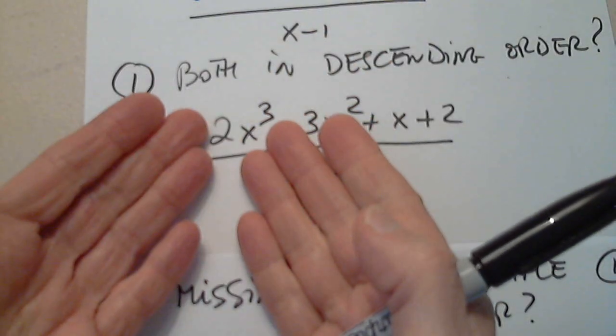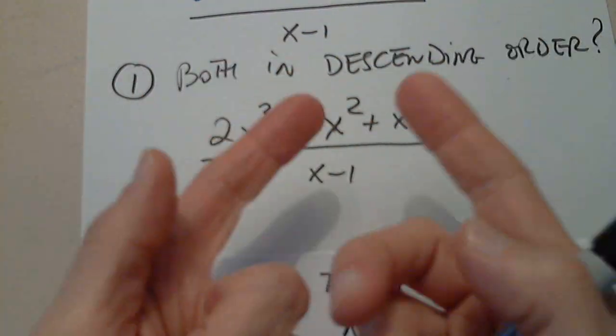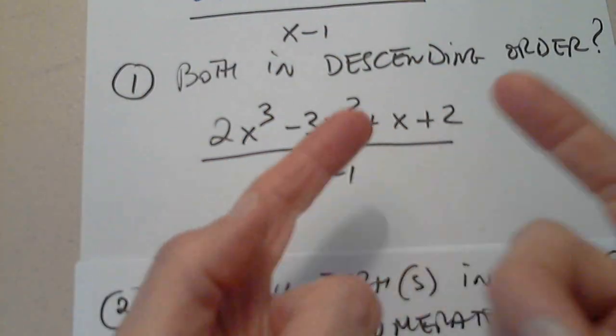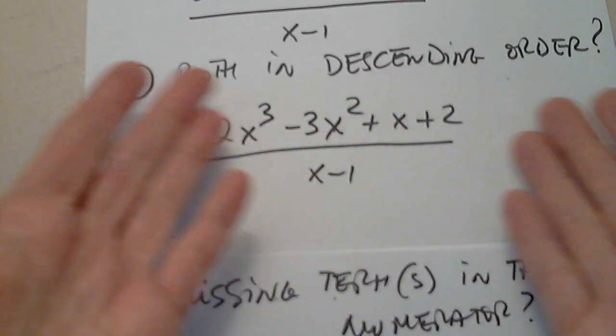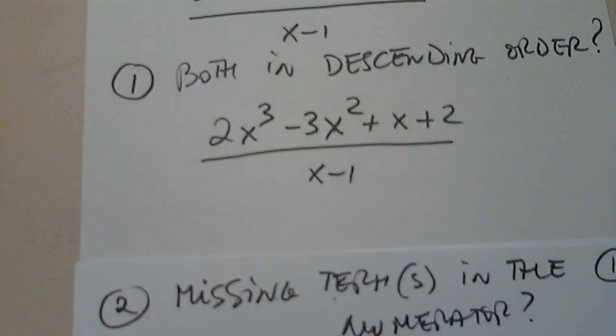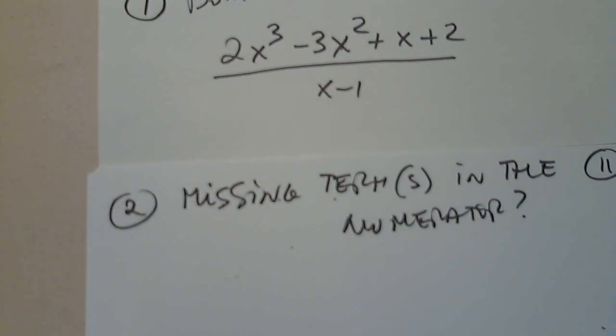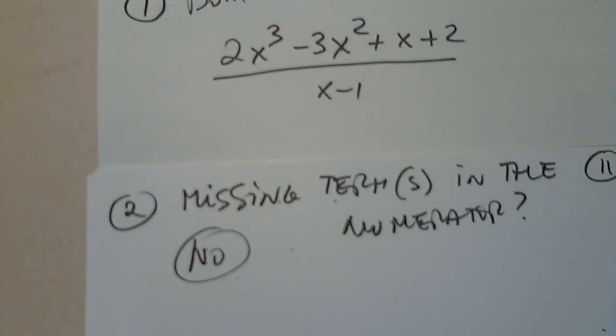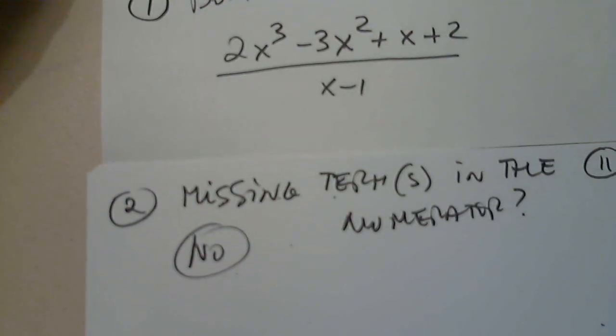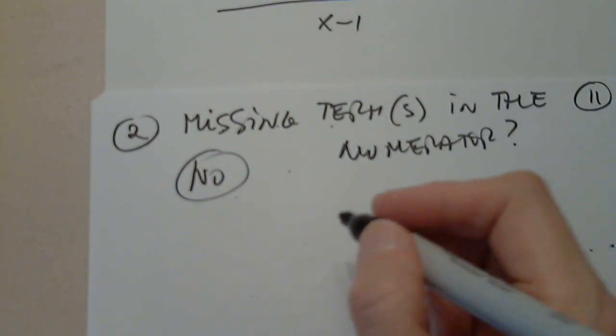I know the degree is 3. Degree 3 is there. Degree 2 is there. Degree 1 is there. Degree 0 is there. No missing term. So this is a situation in which I don't have to worry about it. Not in this case. So therefore, I can start the algorithm.